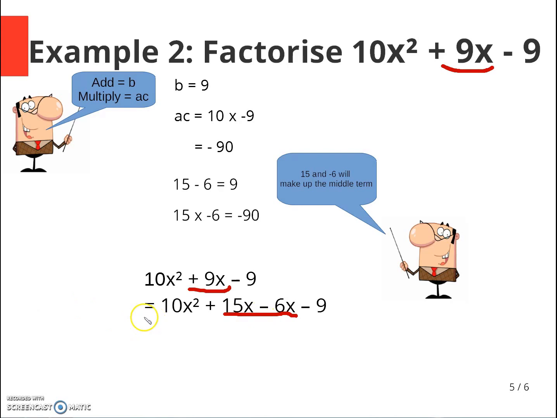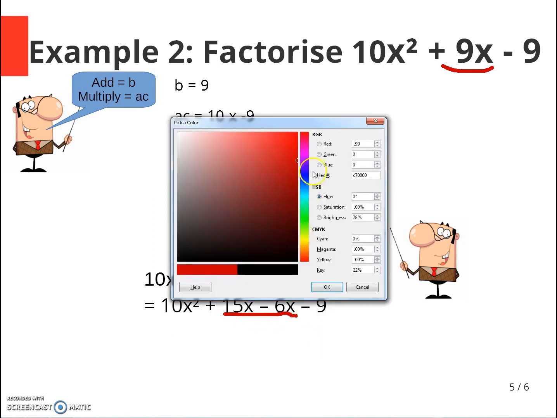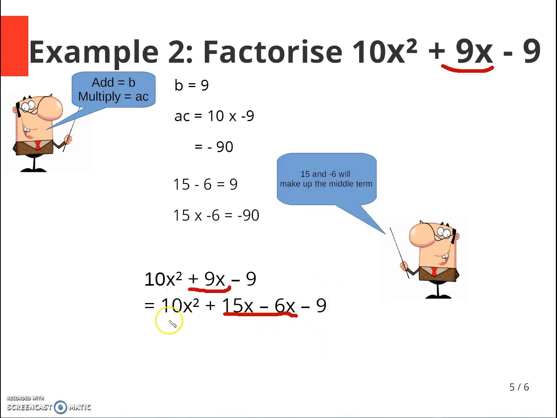Then we're going to figure out the highest common factor of the first two terms. I'll change the color to blue. That's 5x, and over here on the right, we're going to take out a negative 3, which is the highest common factor.